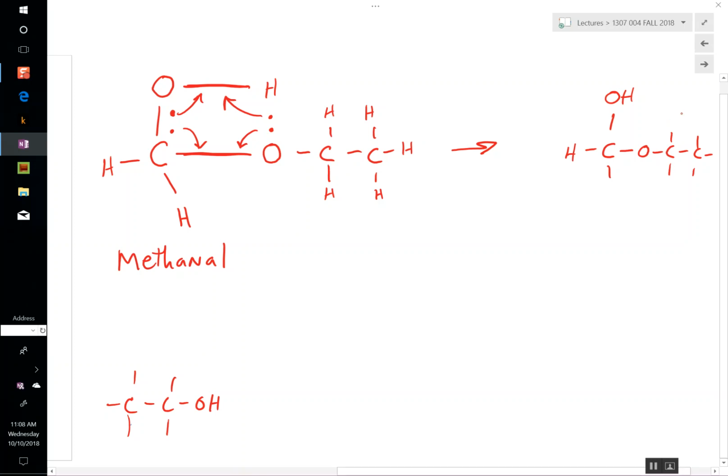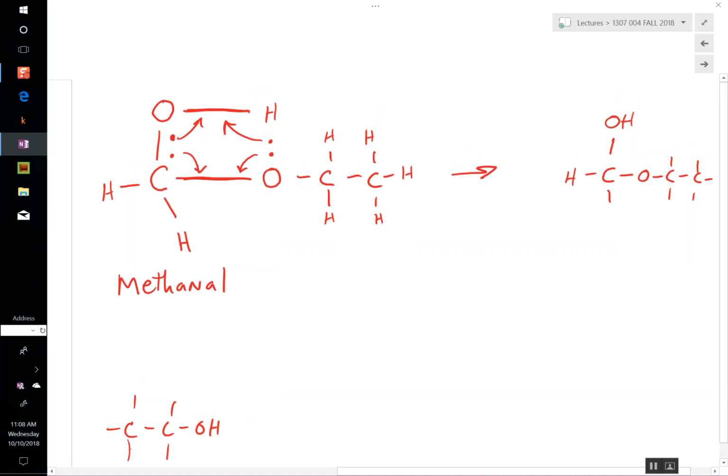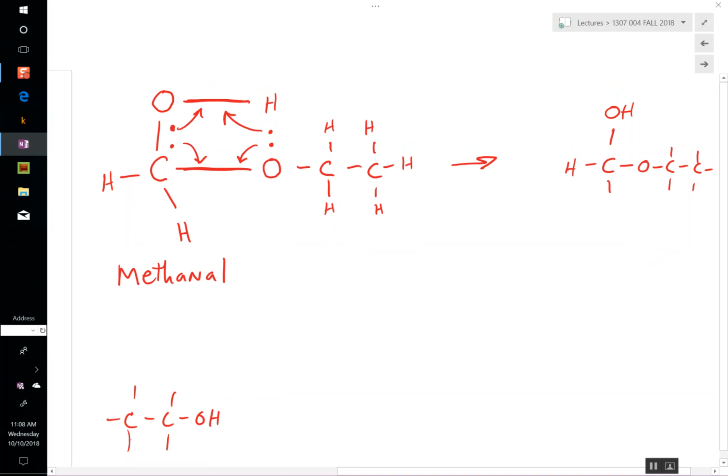Notice that the only thing that's involved here is that original carbon-oxygen double bond, which is where everything's happened. We now have an alcohol there, and we have an ether linkage there, and this is the hemiacetal.